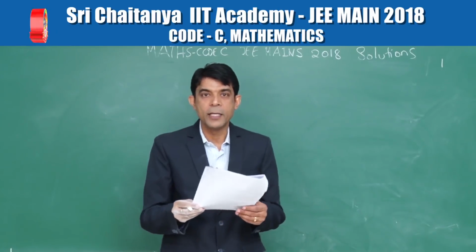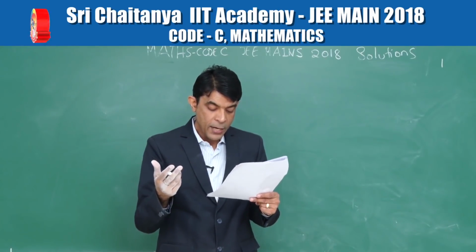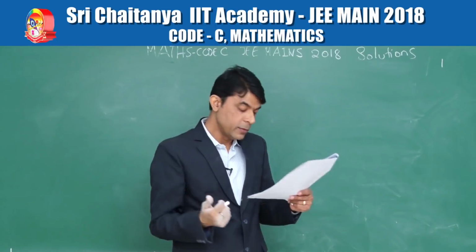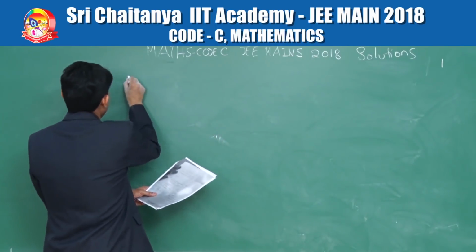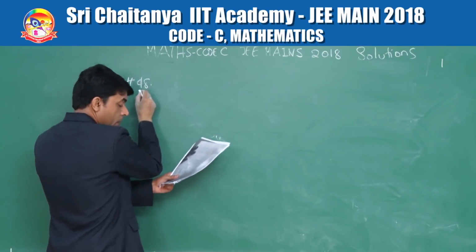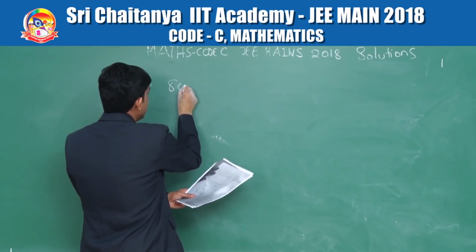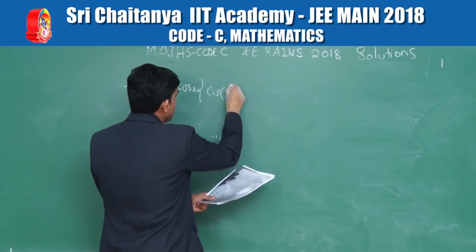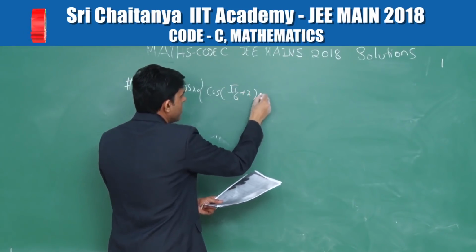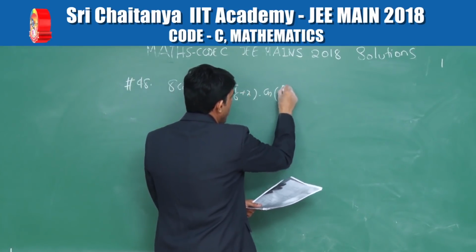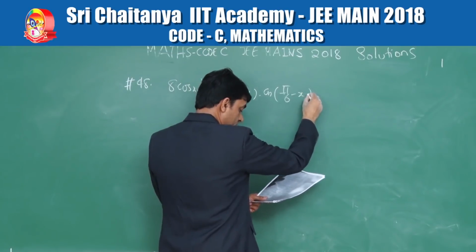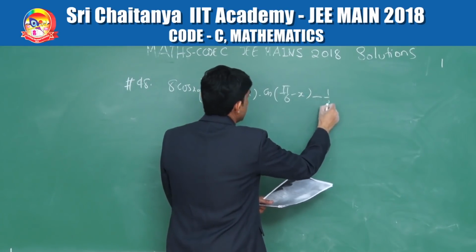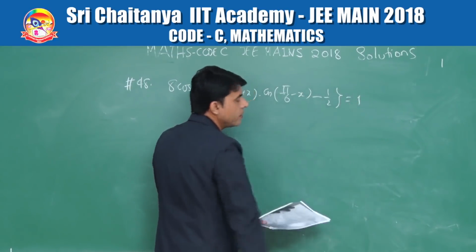Number 48, it's a trig equation, and you have to find the sum of all solutions. The problem reads 8 cos x times cos of pi over 6 plus x times cos of pi over 6 minus x minus half, and that equals 1.